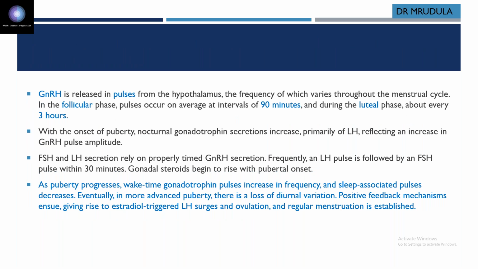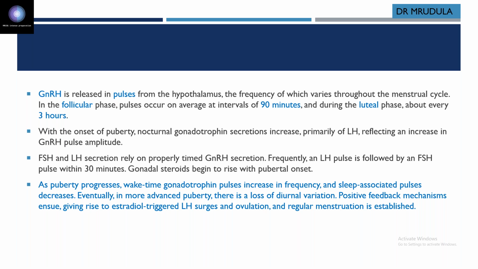Before going to the anovulation, let us revise the physiology of ovulation. Basically GnRH is released in pulses from the hypothalamus. The frequency of these GnRH pulses varies throughout the menstrual cycle. In the follicular phase, the pulses occur at an interval of 90 minutes. In the luteal phase, the pulses occur every 3 hours.